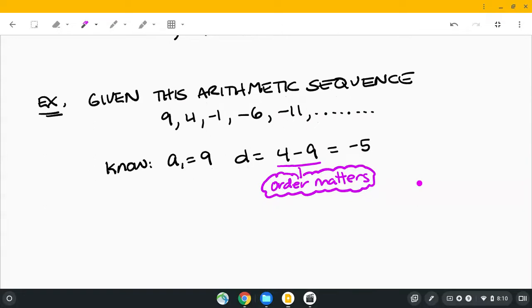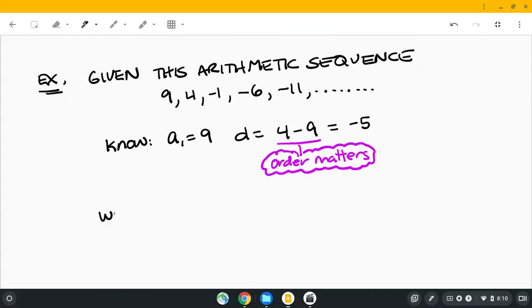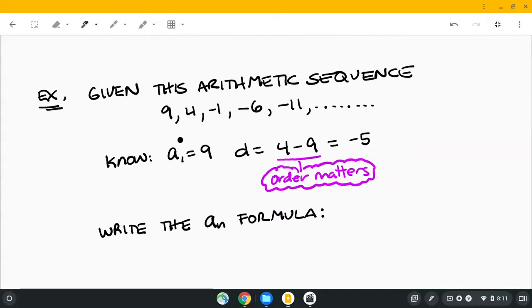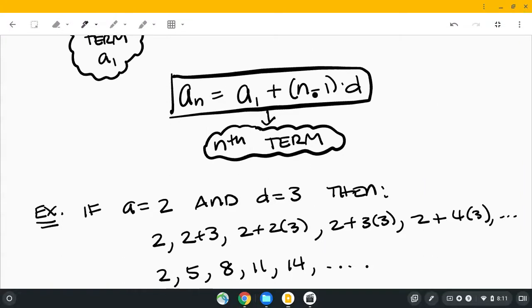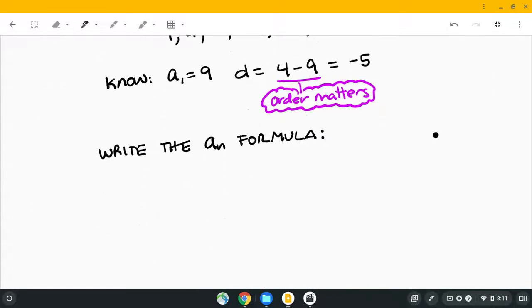Okay, so if we know those two pieces of information, then we can write the AN formula. We can do that if we know A1 and we know D, because up here, the AN formula is A1 plus N minus 1 times D. So all we have to do is plug in.